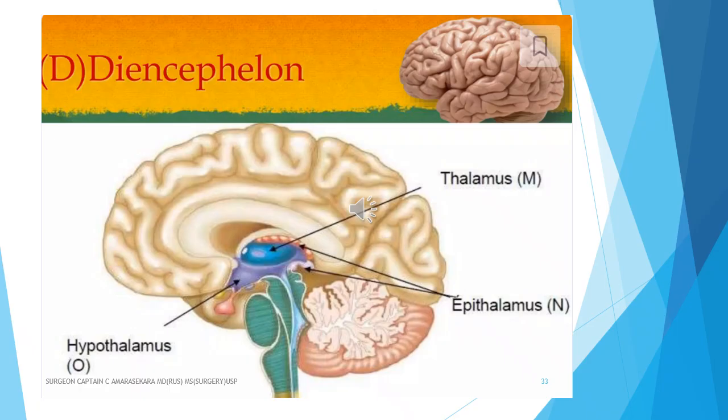It includes the pineal gland, which secretes melatonin, regulating the sleep-wake cycle, circadian rhythm, reproductive timing, and seasonal mood regulation. Together, these structures form the functional core of sensory integration, autonomic regulation, and hormonal control, linking the cerebral cortex with the limbic system and brainstem.